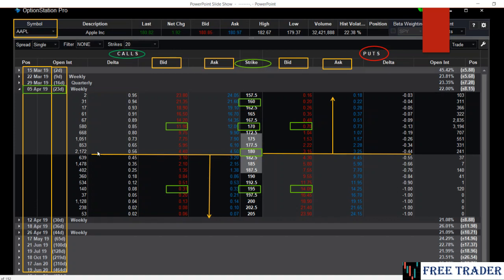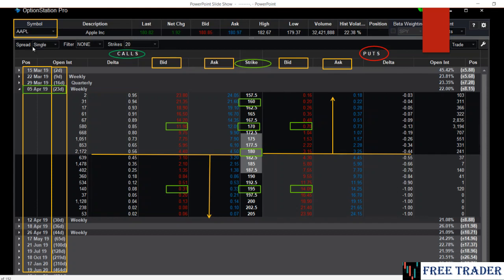So we have this yellow line. If you buy any put or call at this yellow line, it is called at the money. You are buying in at the money, just at this yellow line. And this is a call option. A call option is basically when you think the stock will go up.